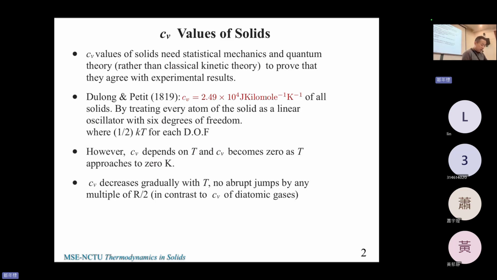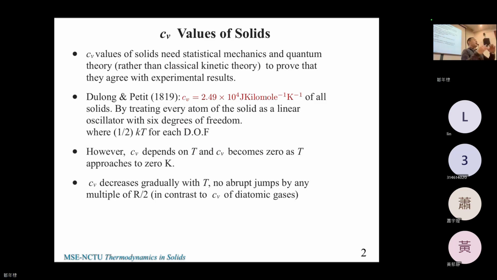So we need statistical thermodynamics. Dulong and Petit found that CV is actually equal to this value for almost every solid. They approximately estimate the value by treating every atom of the solid as a linear oscillator with 6 degrees of freedom. What does that mean?